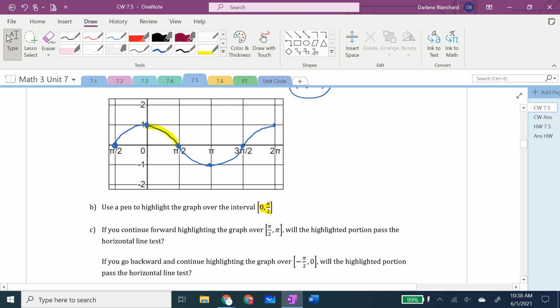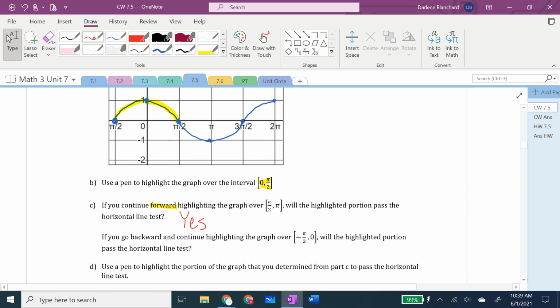So then the question of, if you continue forward and you highlight from pi over 2 to pi, will that pass the horizontal line test? And the answer is yes. Then if you go backward and you highlight to include negative pi over 2 to 0 with that highlight, will that entire highlight from negative pi over 2 to positive pi over 2 pass the horizontal line test?